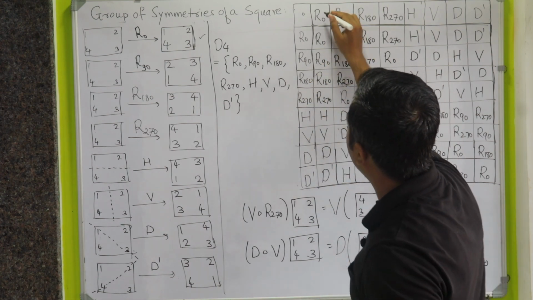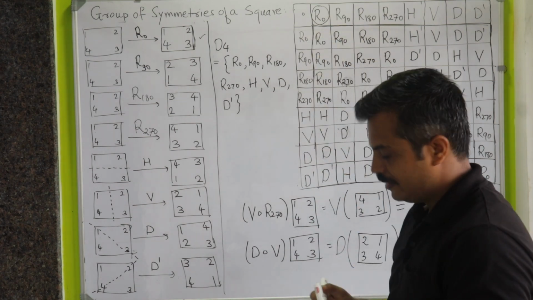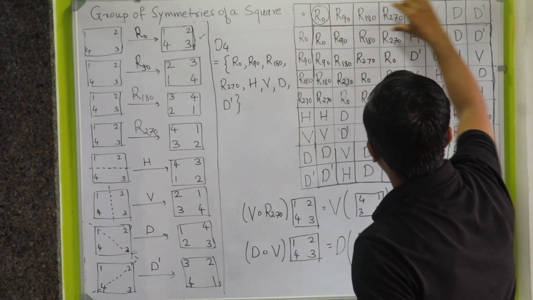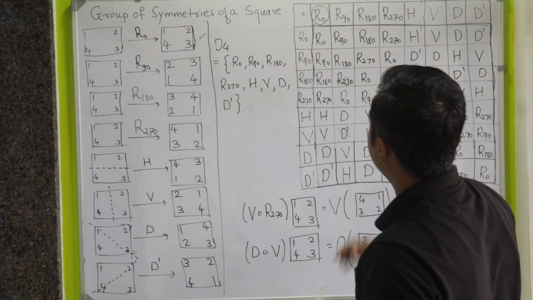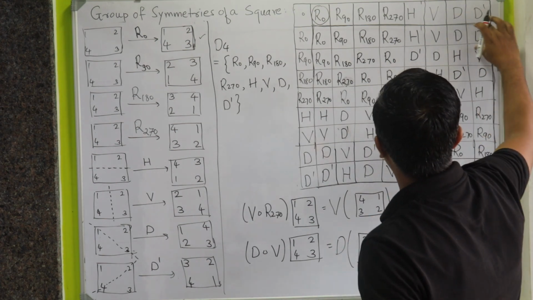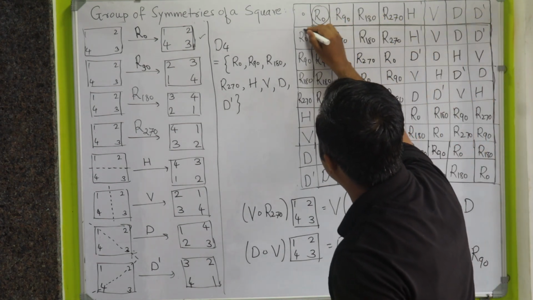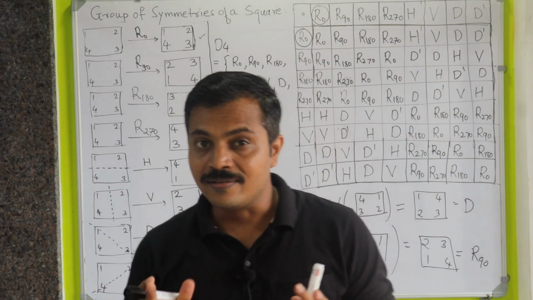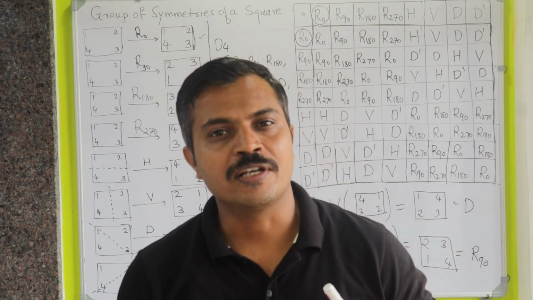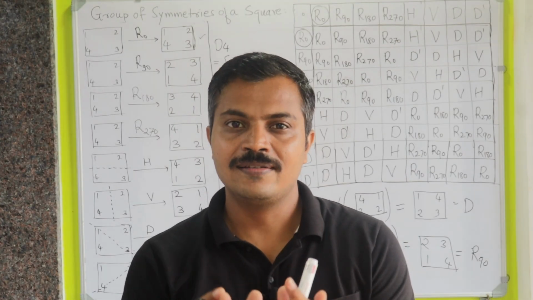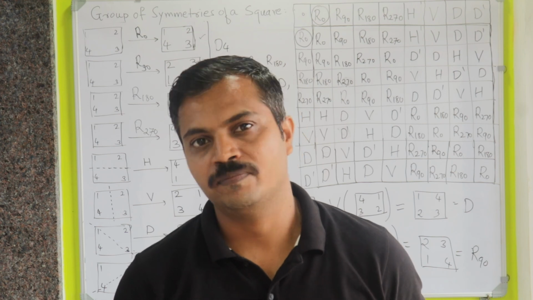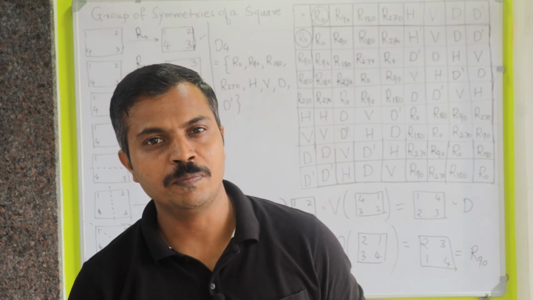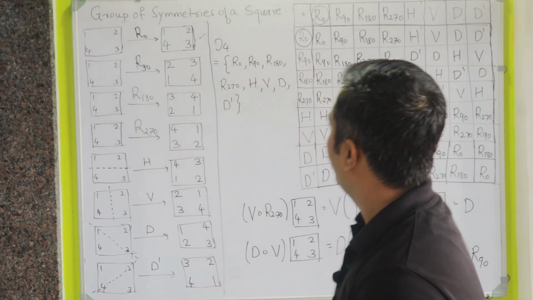And what is the corresponding element? R0. Similarly, this first row should repeat as it is in the table, and you can see that it is repeated here, and the corresponding element is R0. Thus R0 satisfies our requirements, and thus R0 is the identity element of the group D4.